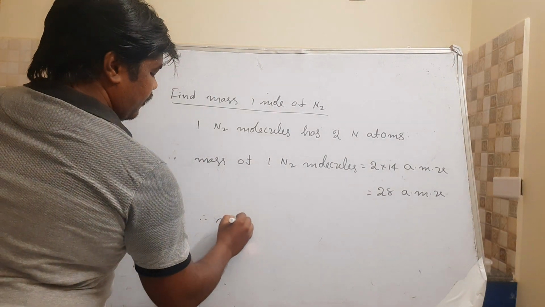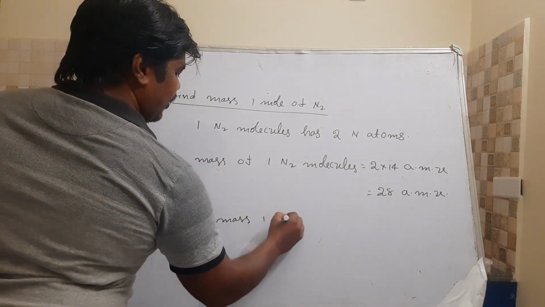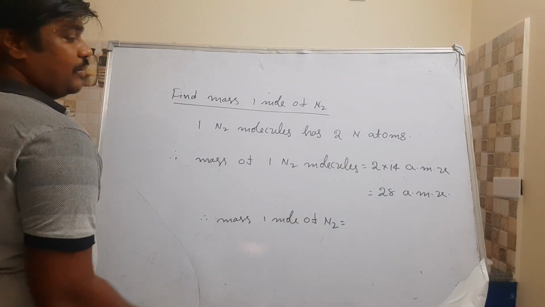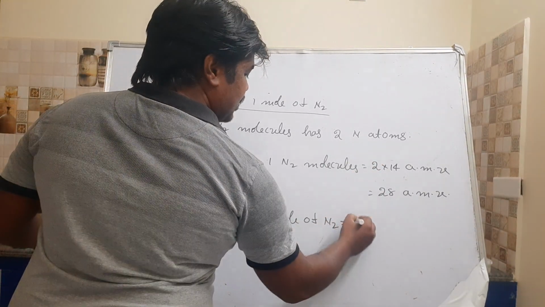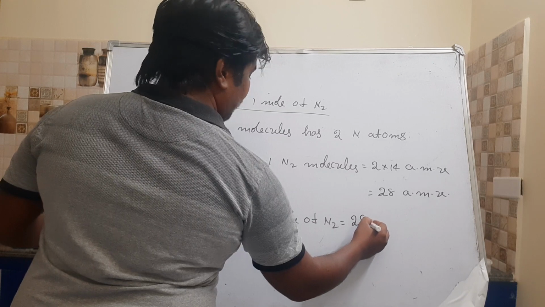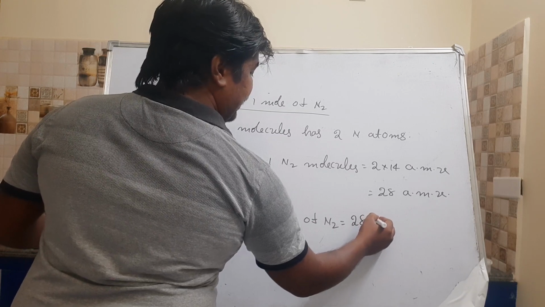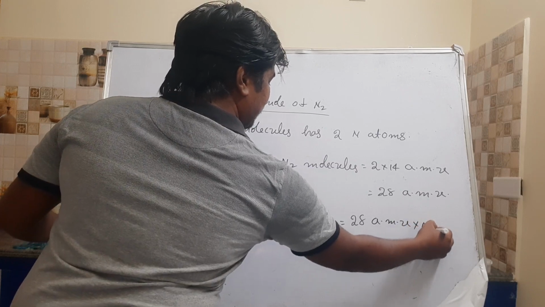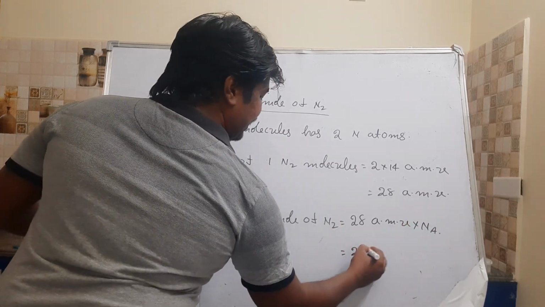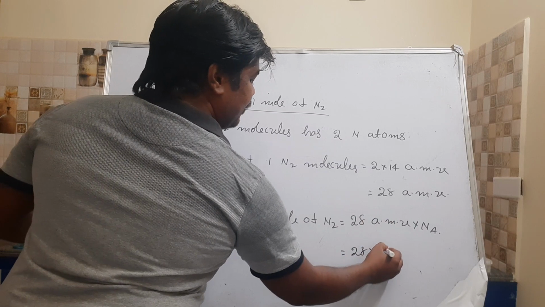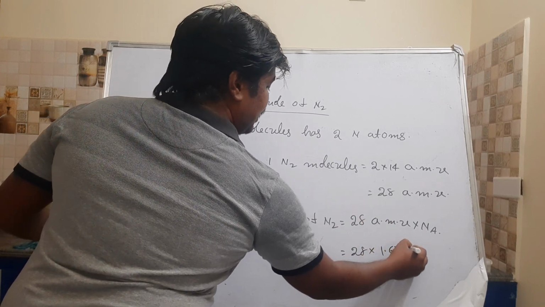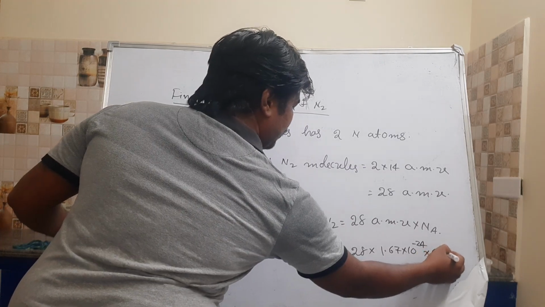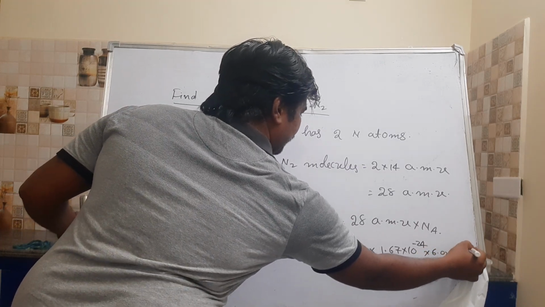Therefore, the mass of 1 mole of N2 is the mass of one molecule of N2, 28 AMU, into Avogadro number, students. So 28 into 1 AMU, which is 1.67 into 10 to the power of minus 24 grams, into Avogadro number 6.022 into 10 to the power of 23.